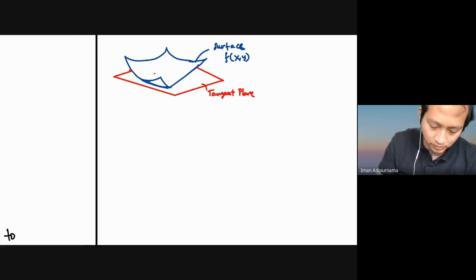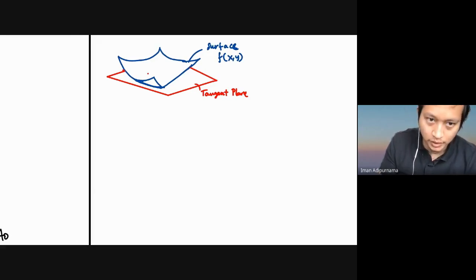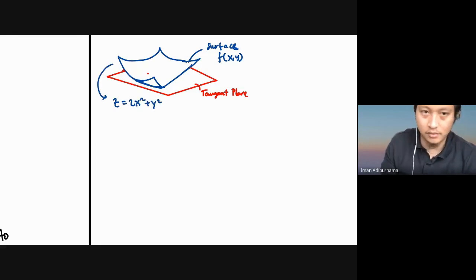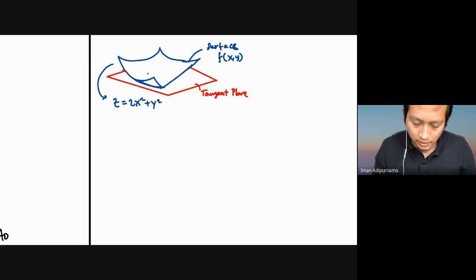Actually, I want to recreate what we did before. The z equal to x squared plus y squared. This is the surface, actually, but it's not really that accurate. And the point here should be 1, 1, 3.